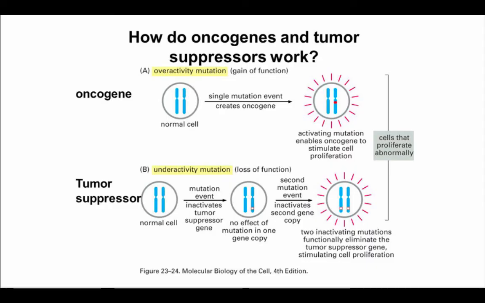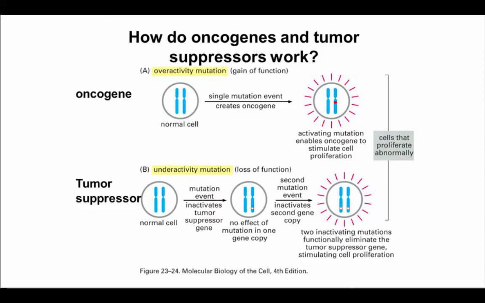For a mutation in a tumor suppressor gene to have an effect, you need both copies to have the mutation, so both copies need to be inactive. So a single mutation in one copy of the tumor suppressor gene is not enough to lead to cancer, because the other copy is enough to continue with that function.